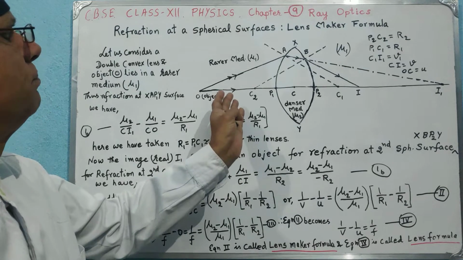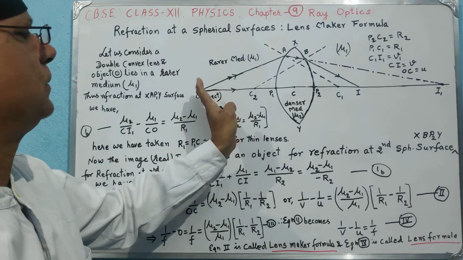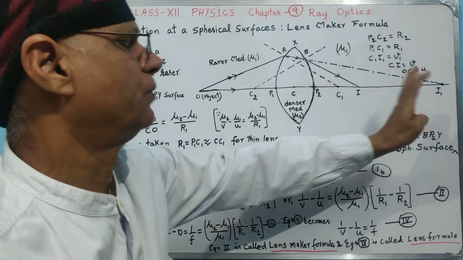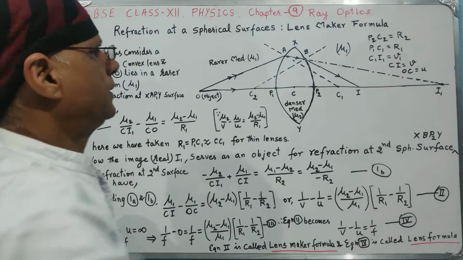We have simply drawn a freehand diagram and assumed that the object is placed over here and the image is formed over there, which would have been the real image.